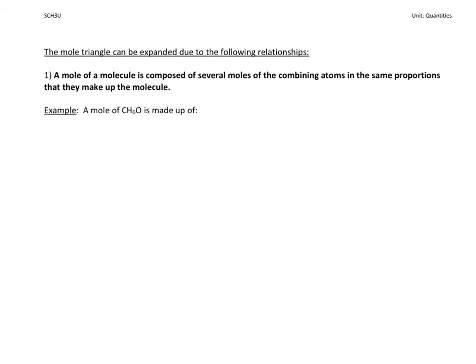I'm going to skip through these because I would like to get to an example here. So let's look at what a mole of CH6O is made of. If you had 1 mole of this particle right here, you'd have 6.02 times 10 to the power of 23 of these molecules.